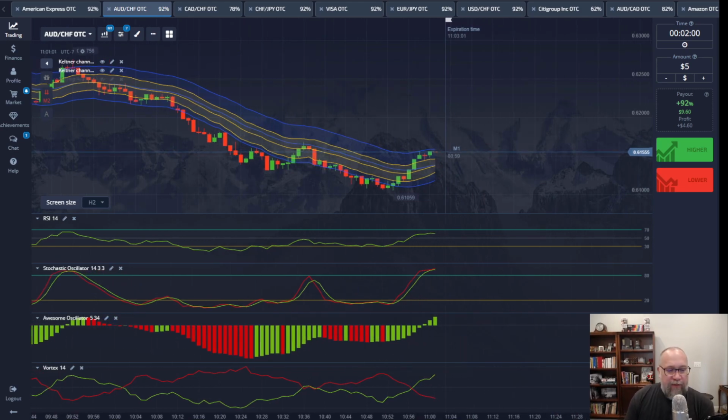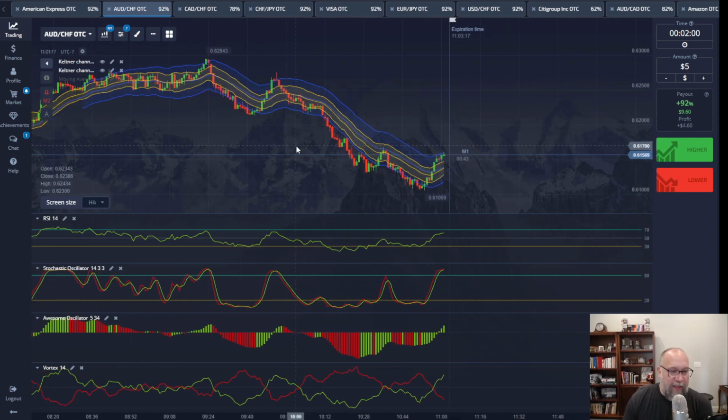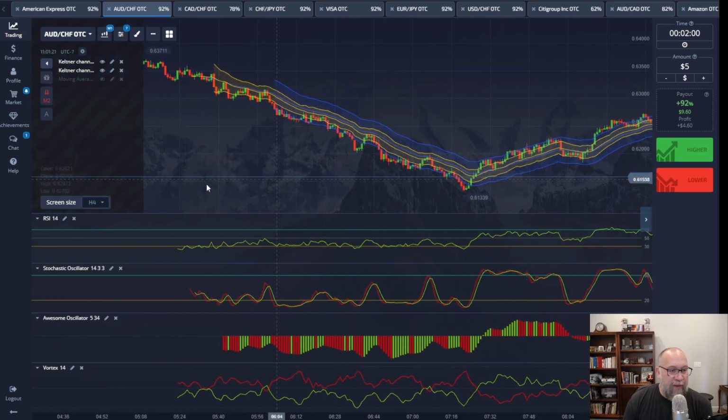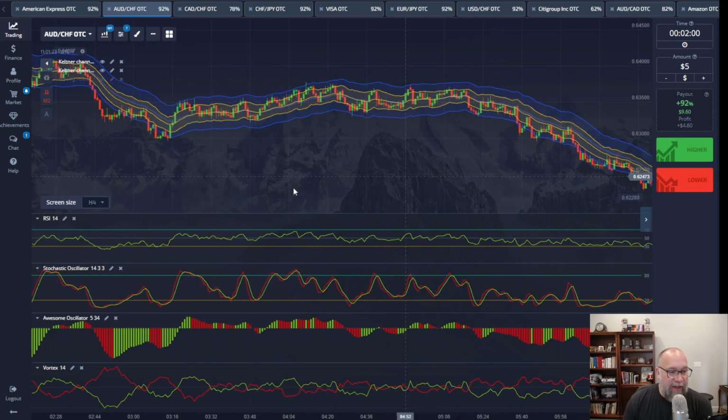First things first, I started learning about what the Awesome Oscillator was. There's a bunch of different things that the Awesome Oscillator can potentially indicate. One of the most common might be the twin peaks. Let me scroll back in time here. It's a lot of negative peaks right there.